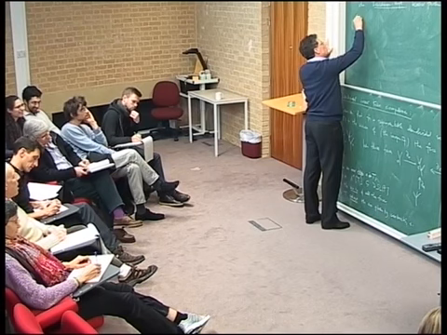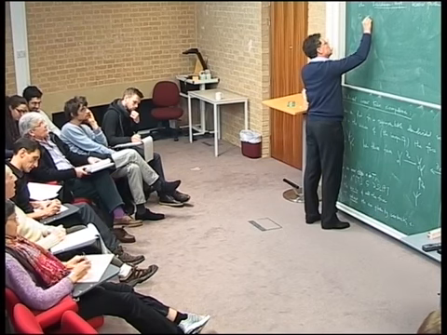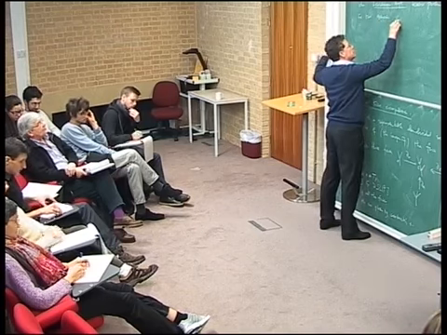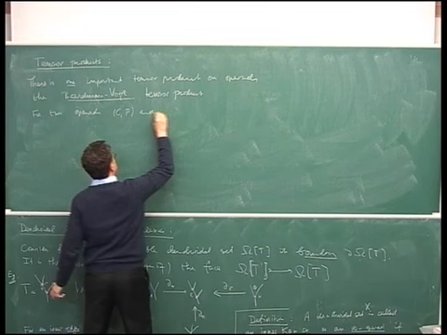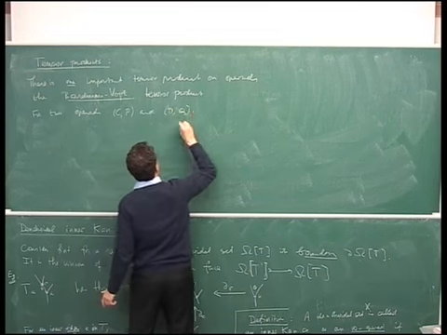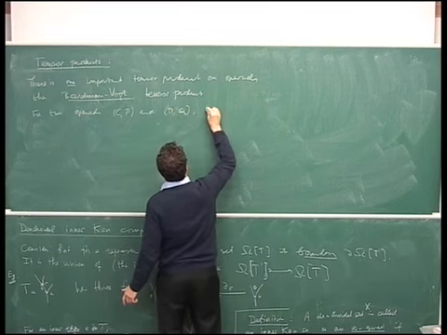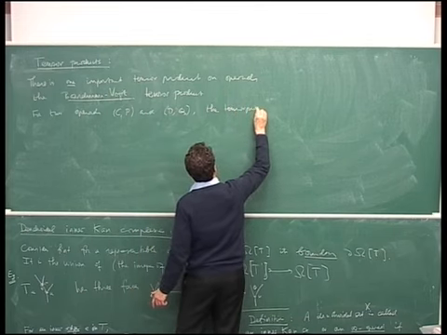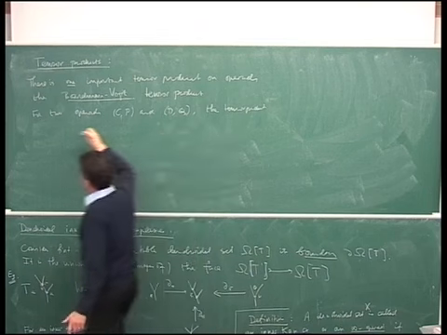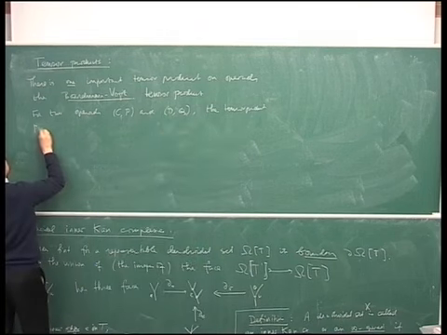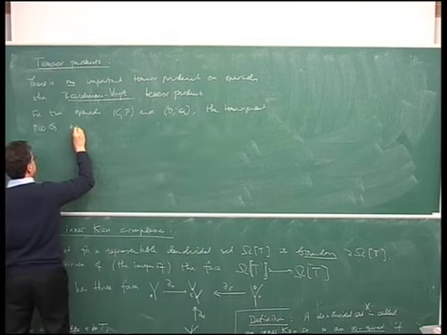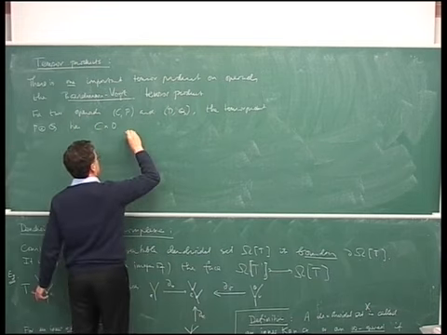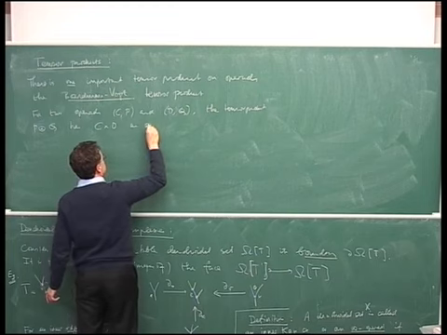For two operads, P with colors C and Q with colors D, the tensor product, which I will just write P tensor Q, has as colors C cross D, the Cartesian product, a set of colors.